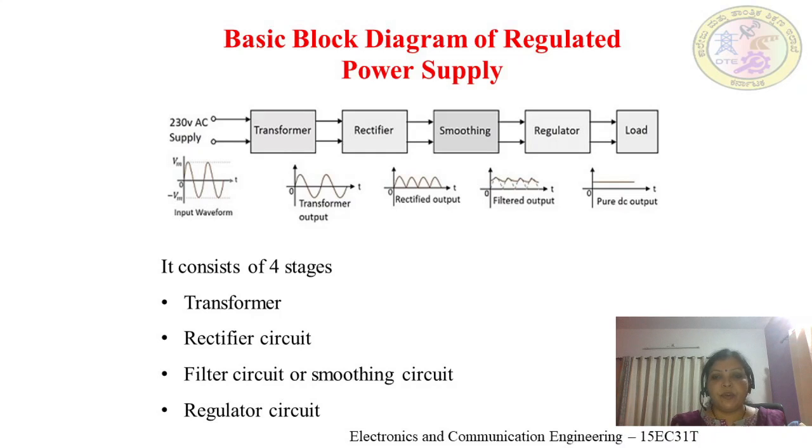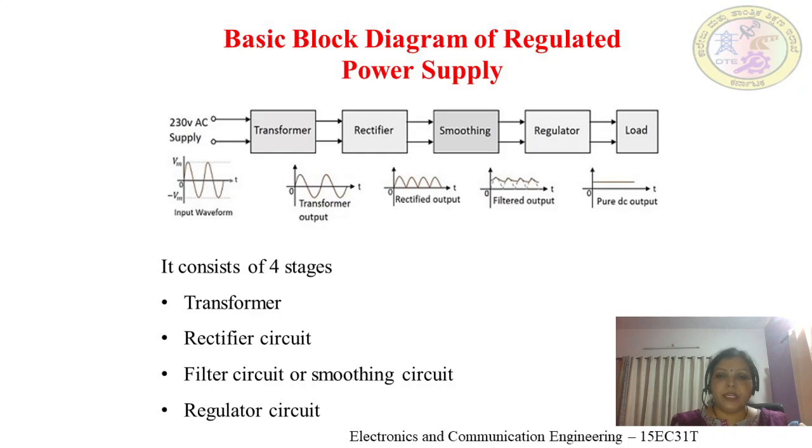Therefore, this AC component is filtered out by passing through the voltage regulator stage. The voltage regulator, as the name itself indicates, regulates any variations in the input voltage and produces a constant or fixed DC voltage.